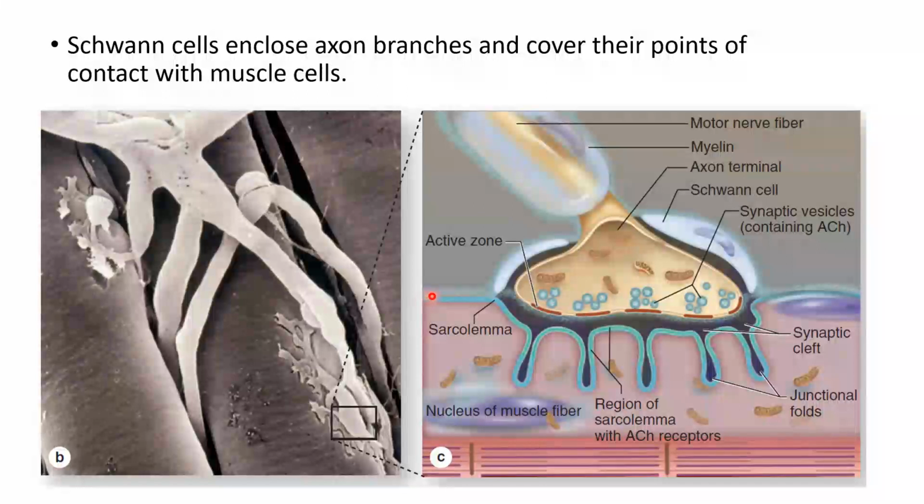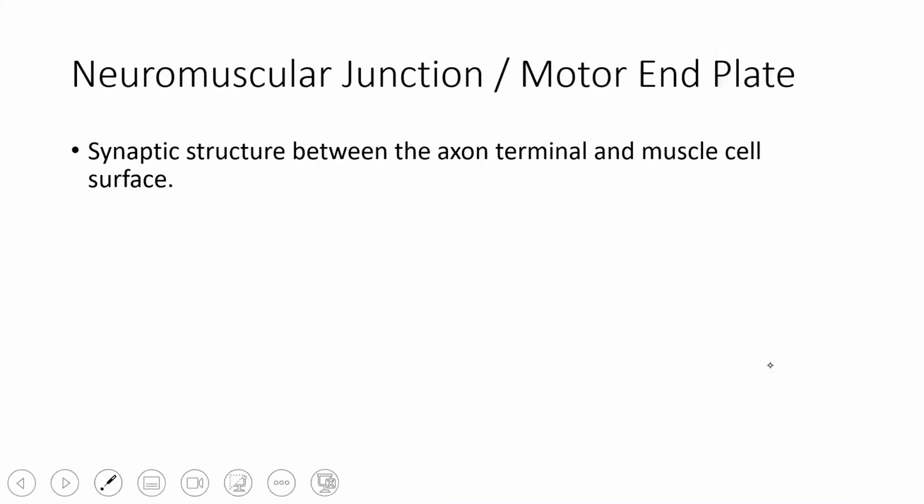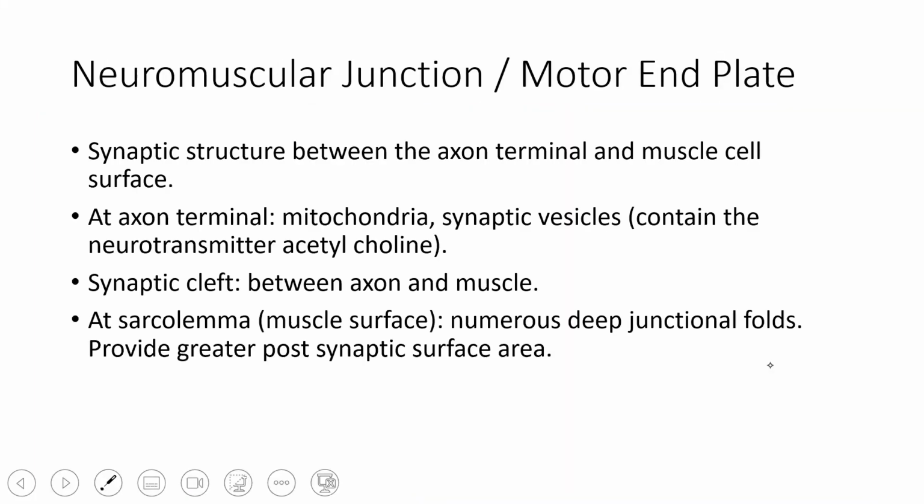And when you look at the sarcolemma, that is the cell membrane, here also there are folds, right? The surface area is increased through these folds. So it's the structure between the axon terminal and the muscle cell surface.